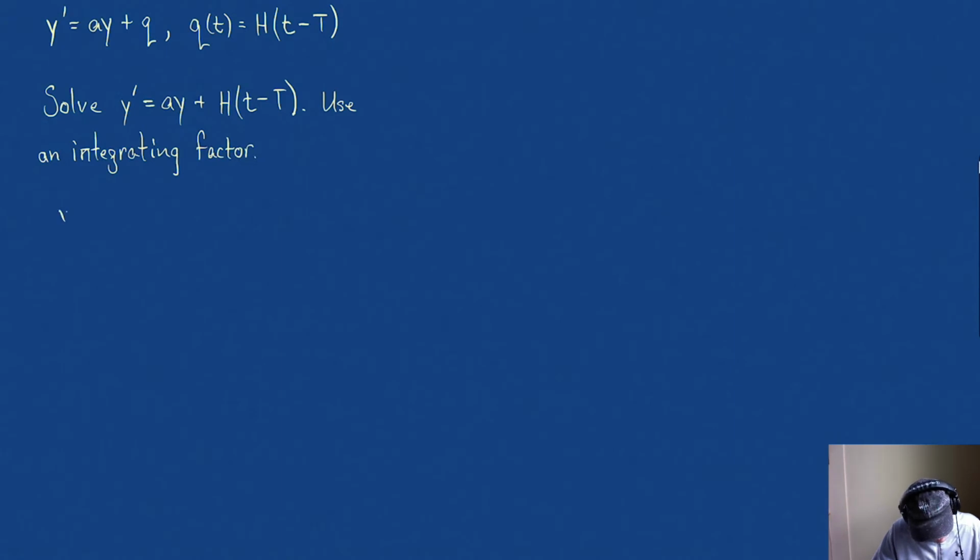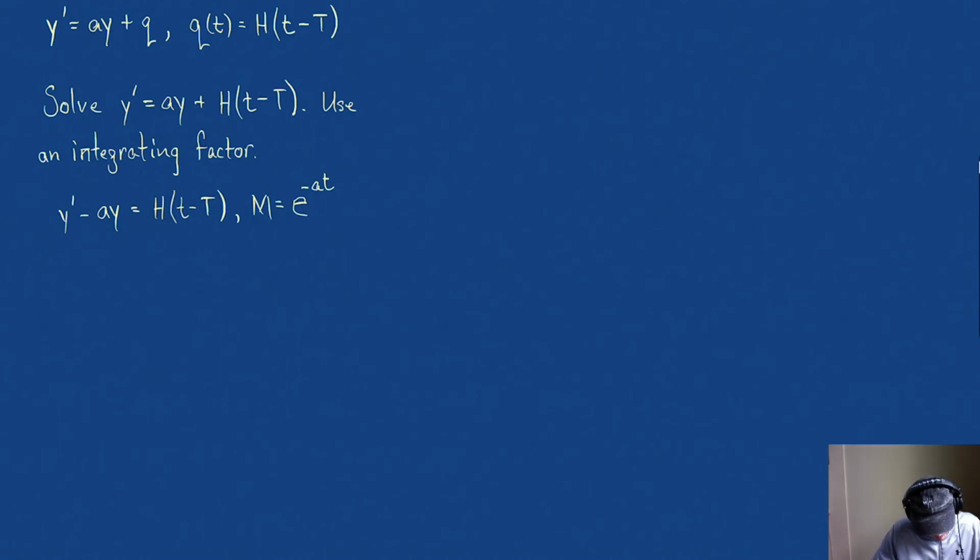So we're going to look at y prime minus ay equals h of t minus capital T. And we know this integrating factor, mu, is e to the minus at. So let's multiply both sides through by it.